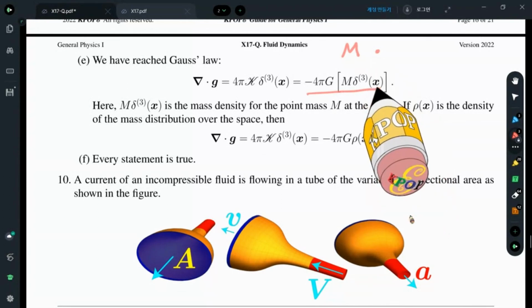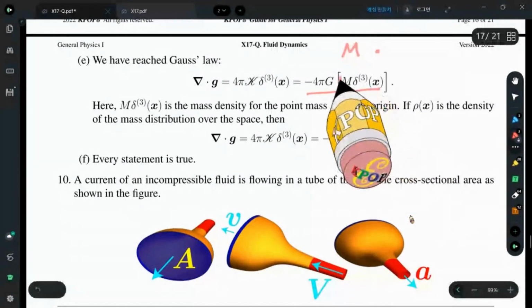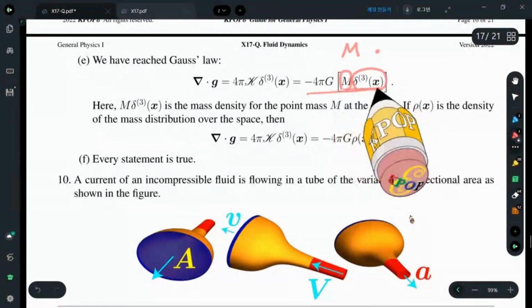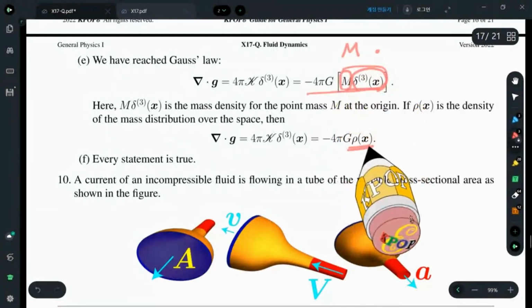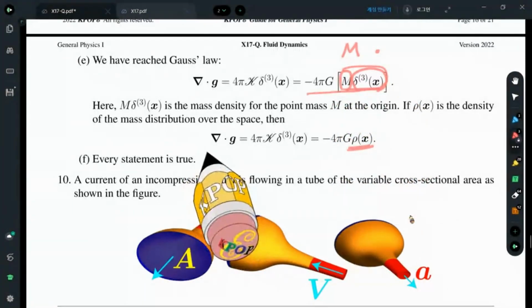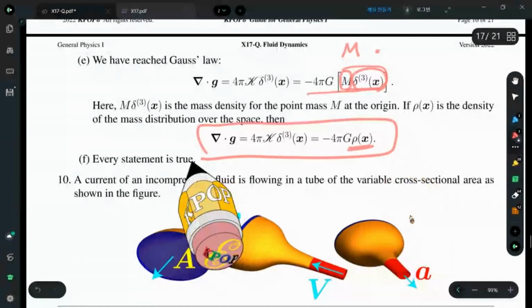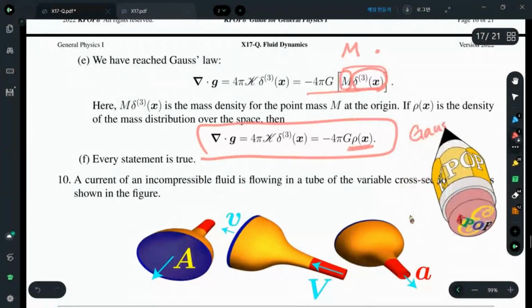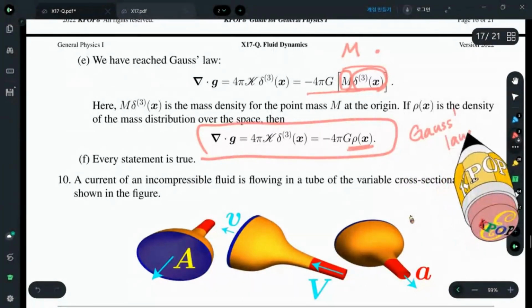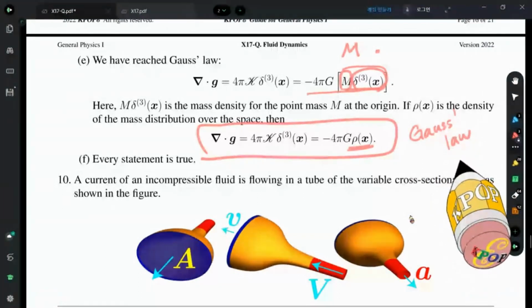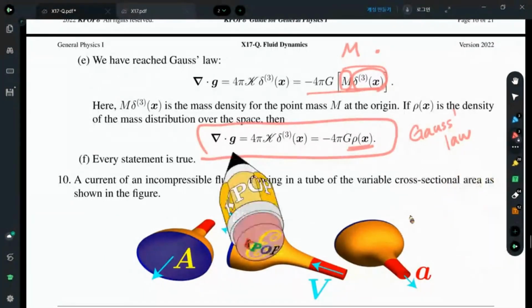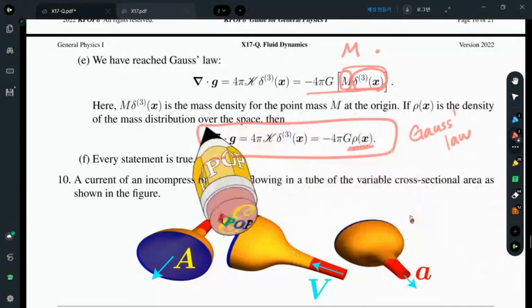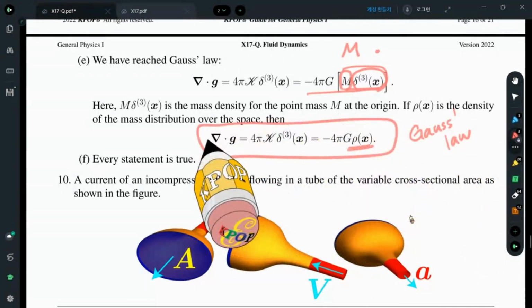As a result, this mass times the Dirac delta function is actually the mass density. So in general, gravitational fields satisfy this very simple differential equation. That is called the Gauss law, the differential form of the Gauss law of the gravitational field. And you will find this is identical to the case of the electrostatic field.